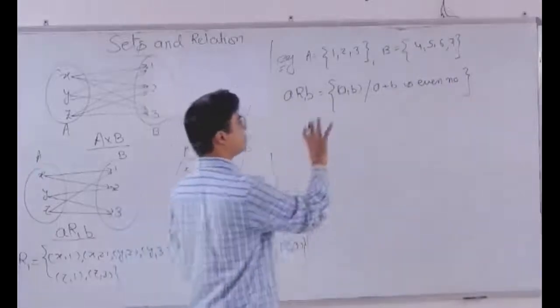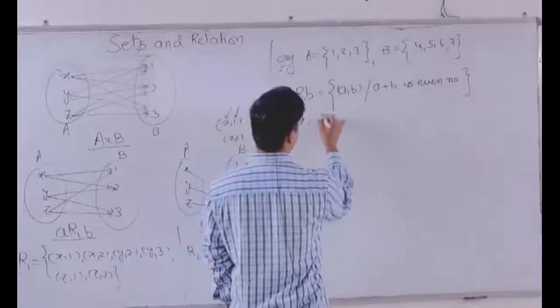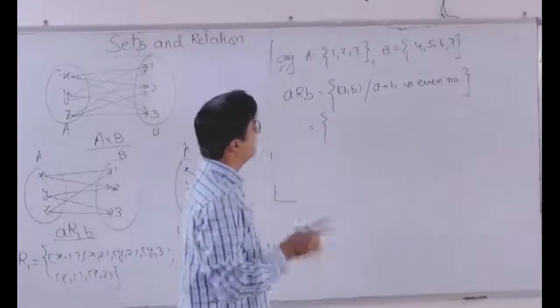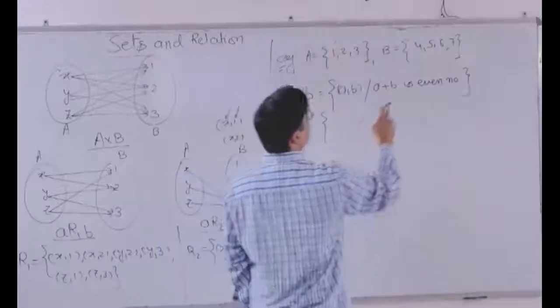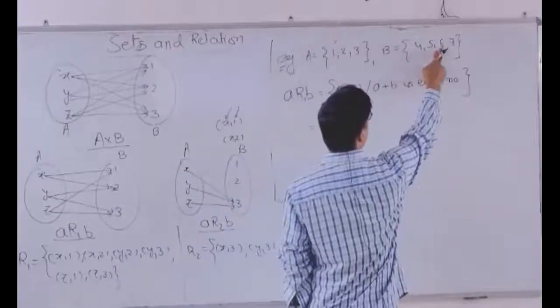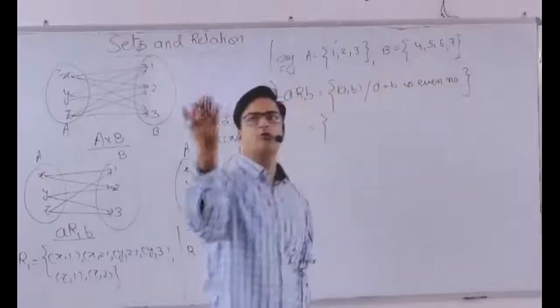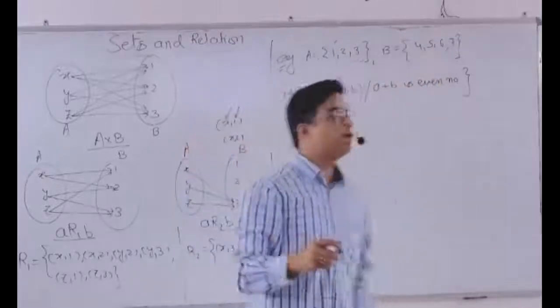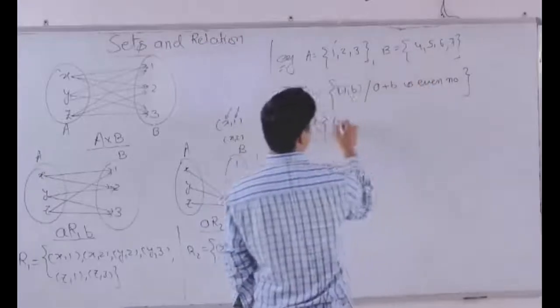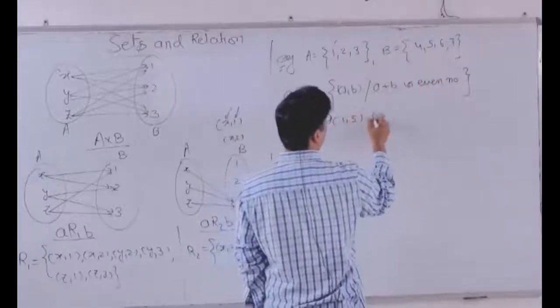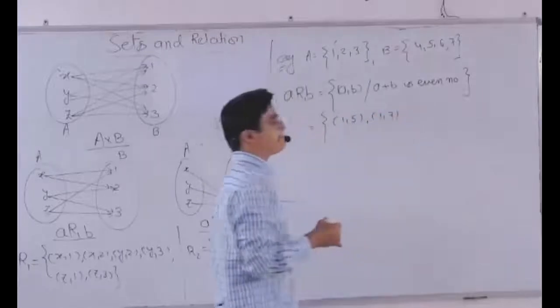Now let's convert it into our tabular or roster form. If a + b is even, then if I'm choosing 1, I cannot choose 4 or 6, because 1 + 4 is odd and 1 + 6 is odd. So I will be choosing 1 and 5, or 1 and 7. So (1, 5), (1, 7).